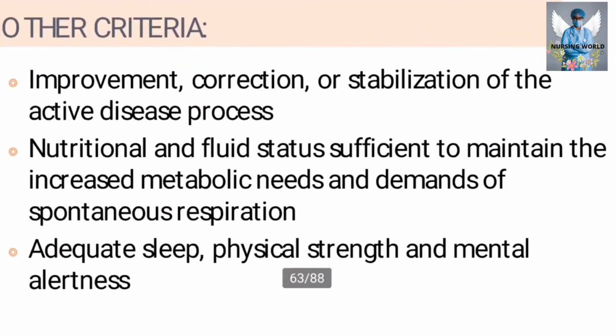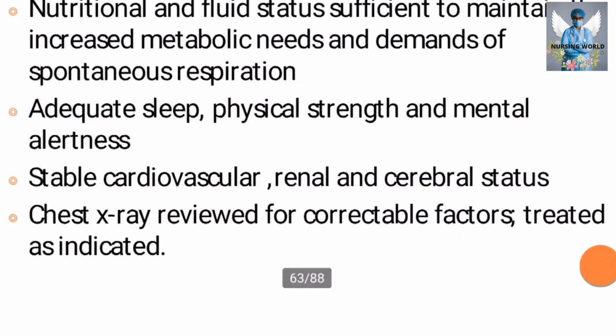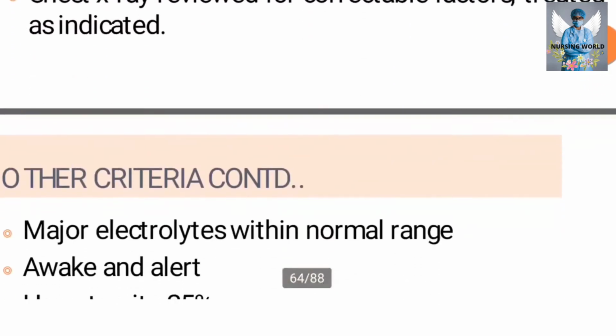Other criteria are improvement, correction and stabilization of the active disease process, and nutritional and fluid status sufficient to maintain the increased metabolic needs and demands of spontaneous respiration, adequate sleep, physical strength and mental alertness, stable cardiovascular, renal and cerebral status. Chest X-ray is to be reviewed for correctable factors and retreated as indicated.